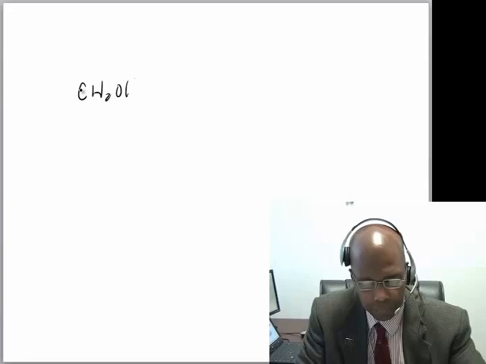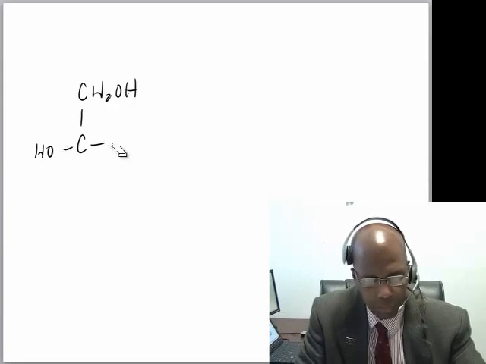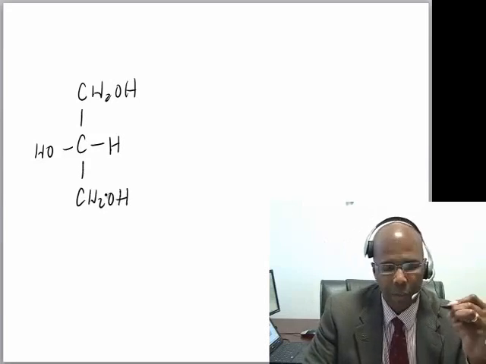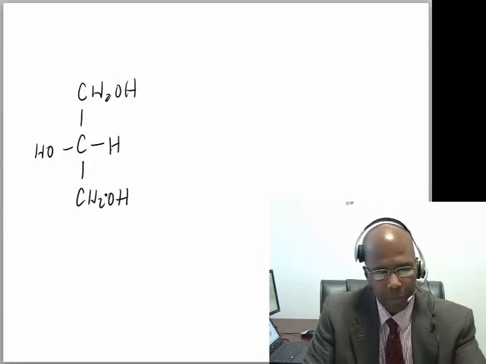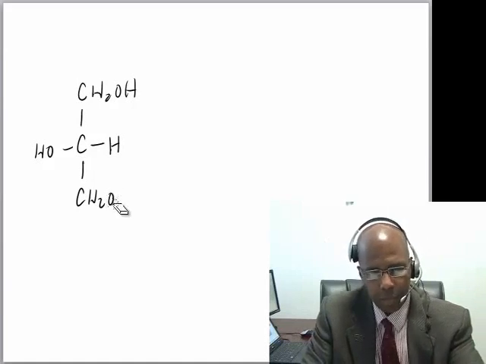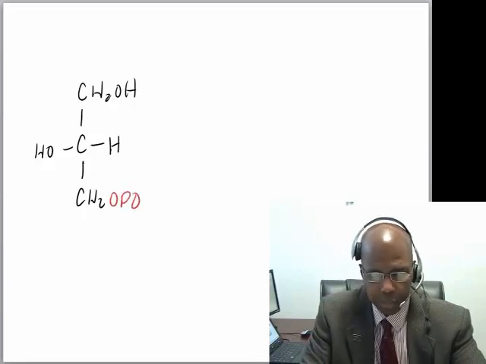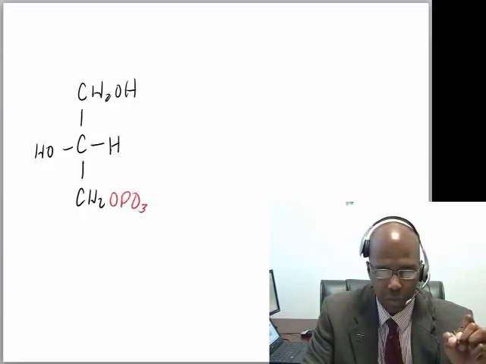CH2OH, COH, H, and CH2OH. Okay, this is glycerol, but now we're going to put a phosphate on. So I'm going to erase this here. I'm going to put OPO3. And so there's our phosphate group on the glycerol.